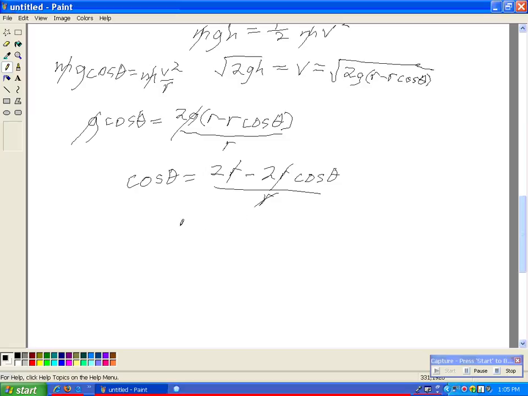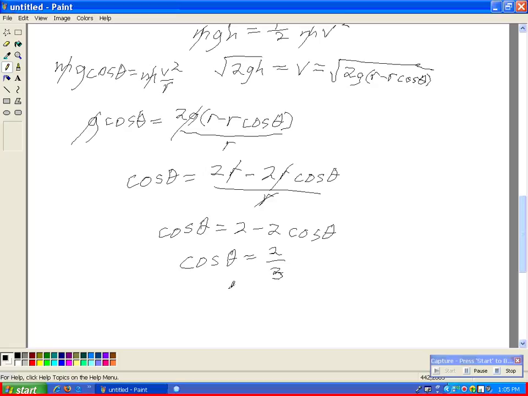Nice. So now we have cosine theta equals 2 minus 2 cosine theta. If you do algebra, you get cosine theta equals 2/3, because this is 3 cosine thetas.